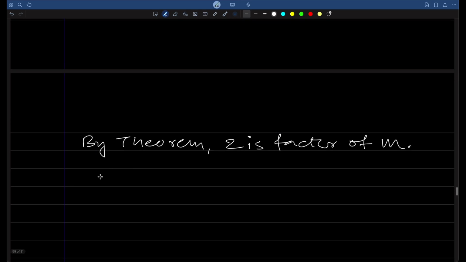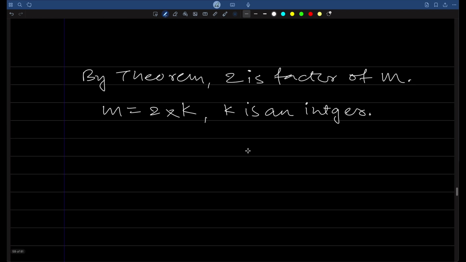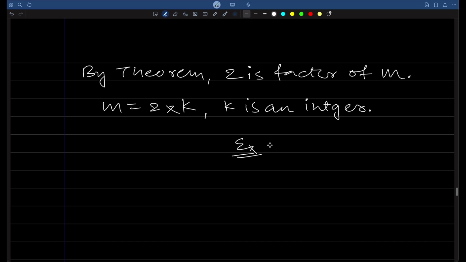If 2 is a factor of m, we can represent m equals 2 into some other constant, say k, where k is an integer. If we take one small example, 2 is a factor of 14, so we can represent 14 as 2 into some other constant k, where k equals 7 is an integer.